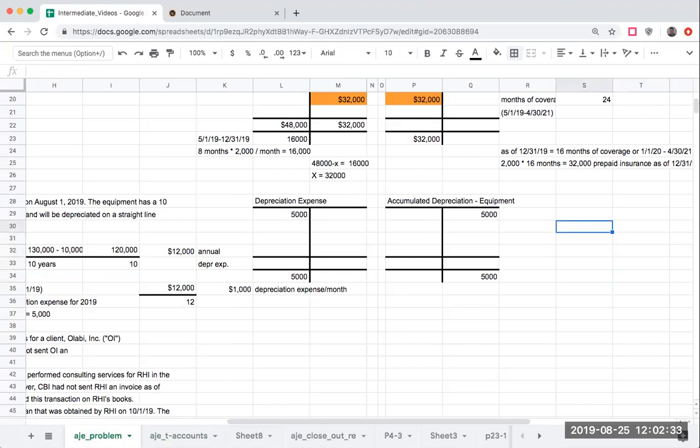Well, if I looked on the balance sheet a little bit later on, I would see equipment valued at $130,000 less accumulated depreciation on that equipment.